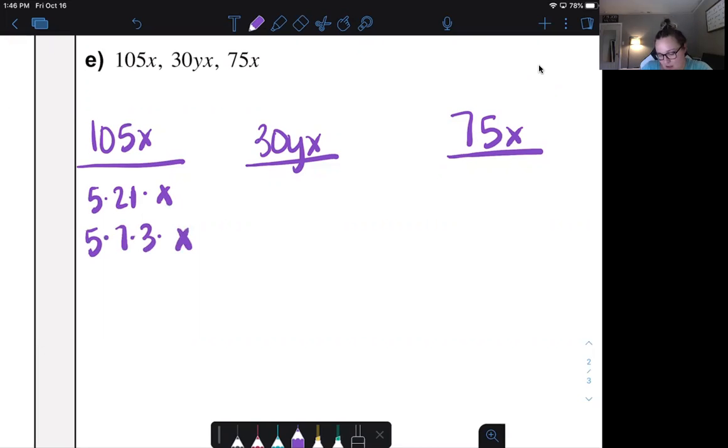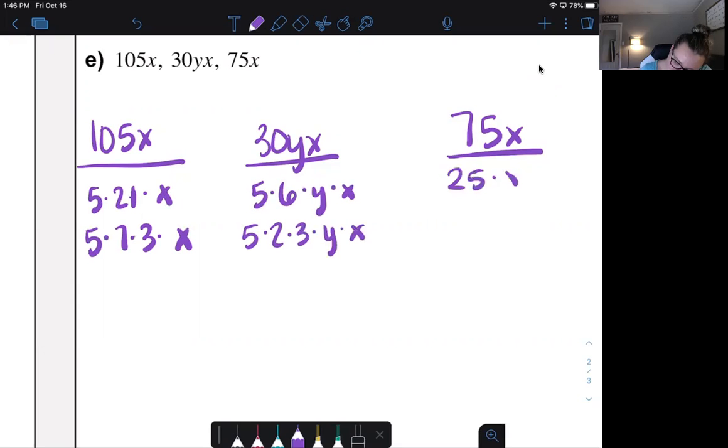Then 30yx is 5 times 6 times y times x, or 5 times 2 times 3 times y times x. 75 is 25 times x, so 5 times 5 times x.